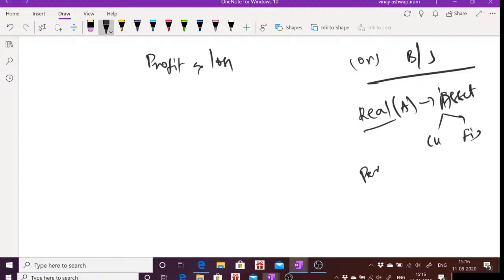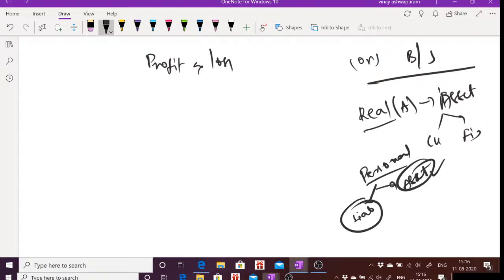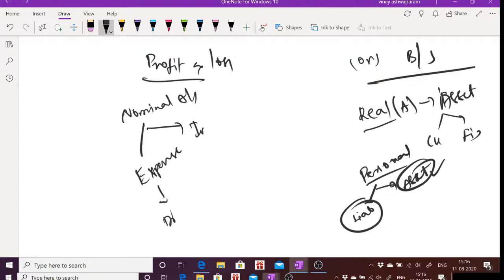A personal account can be of liability, it can be of asset. If it is an asset, it comes under the asset side. If it is a liability, it comes under the liability side. In the profit and loss account, all the nominal accounts come. If it is an expense, it comes under the debit side. If it is an income, it comes under the credit side.